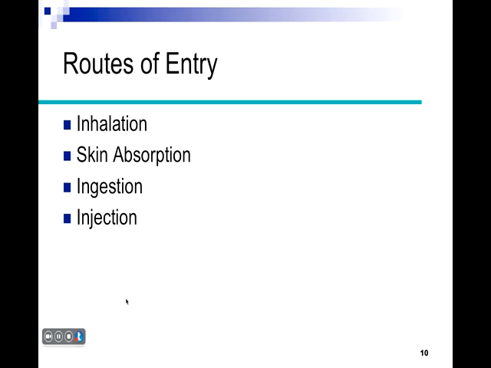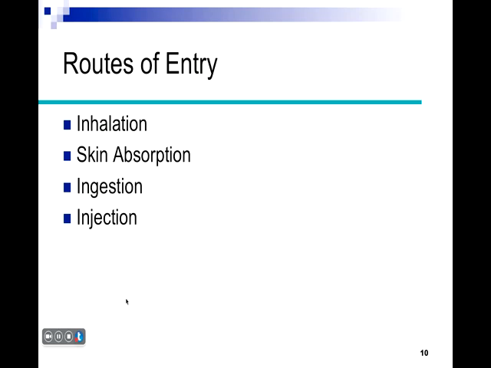The next method is ingestion. This is not typical in occupational situations. However, if people use poor housekeeping, if they bring food or drink into an area where chemicals are present, if they don't wash their hands before smoking, they can get chemicals into the mouth and therefore potentially ingest them.